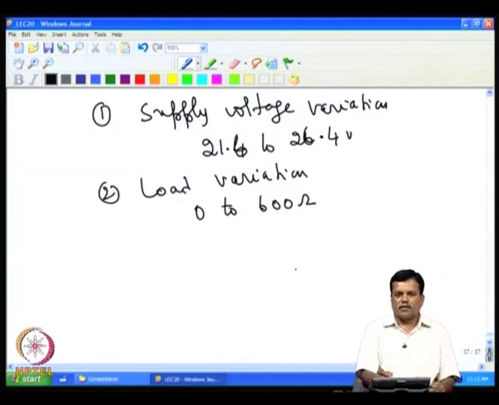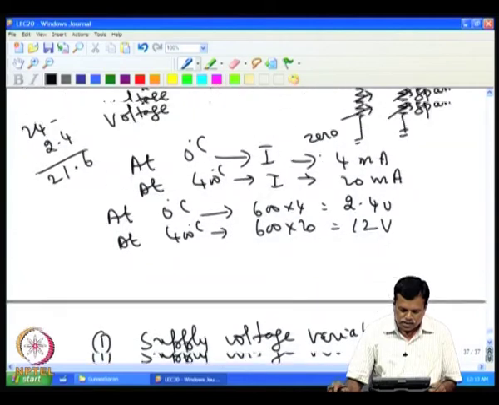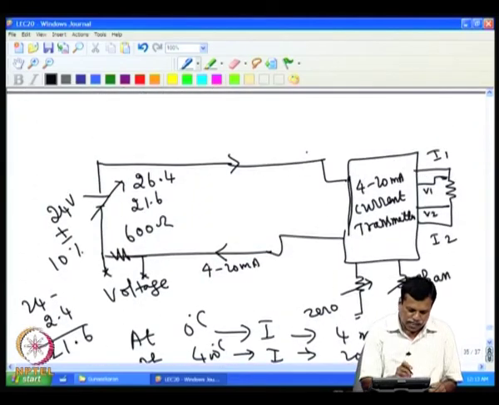So, while designing we have to consider these two factors as well, because the battery voltage may not be constant, and different people use different loads. Some people use only few ohms, some people may use full 600 ohms.